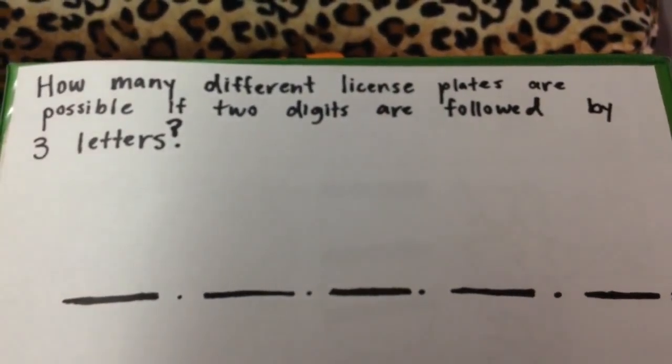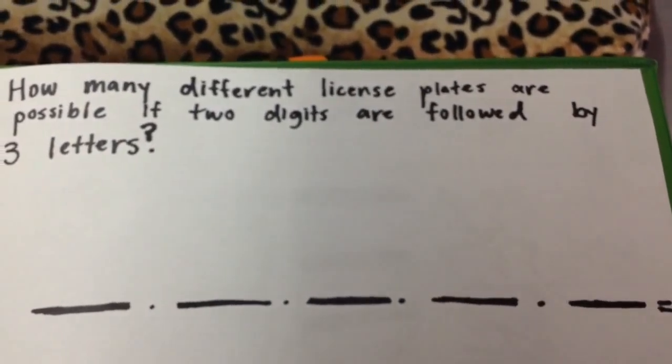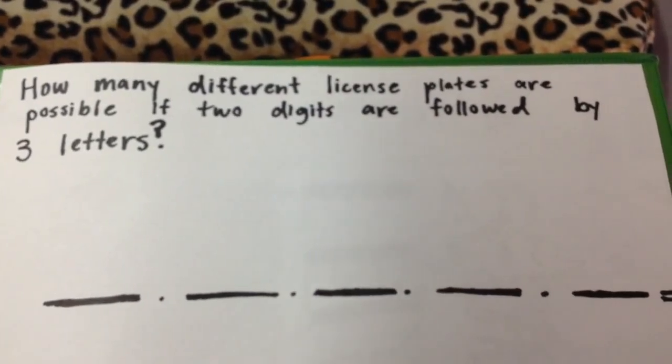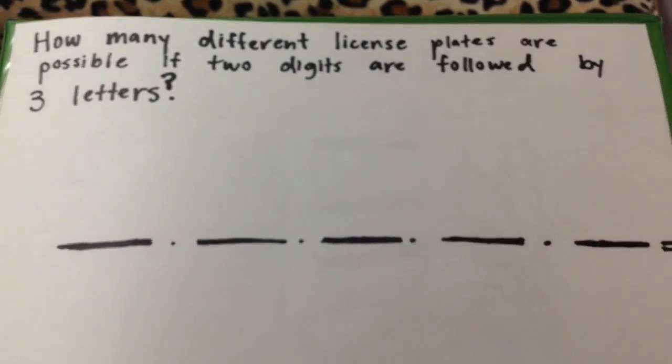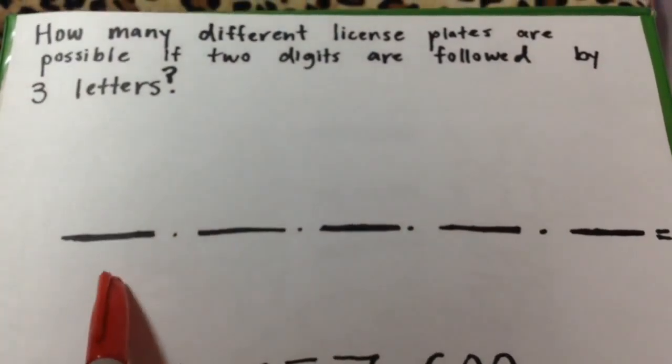Alright, Suhu, this problem: how many different license plates are possible if 2 digits are followed by 3 letters? The way we're going to set this up is the first 2 digits right here.